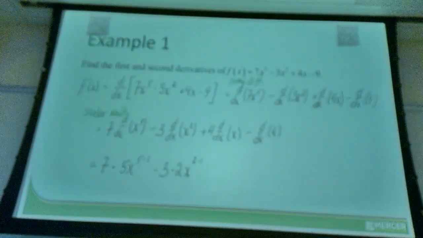Derivative of x squared, 2x to the 2 minus 1. Derivative of x by the power rule: it's an implied power of 1, right? So 1 comes down, x to the 1 minus 1.